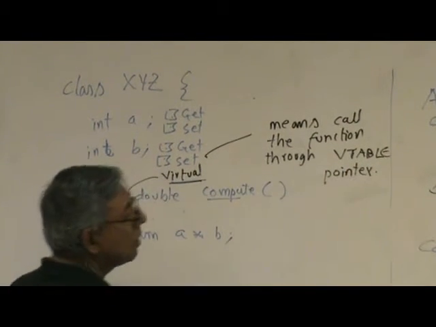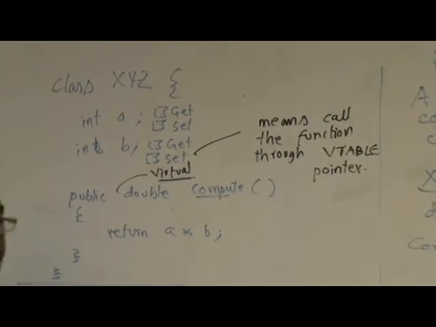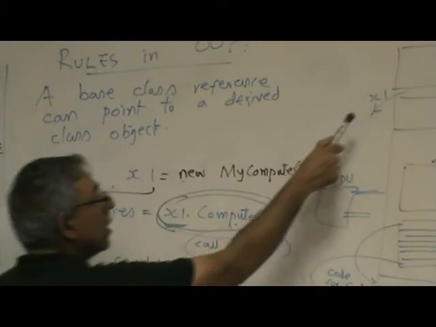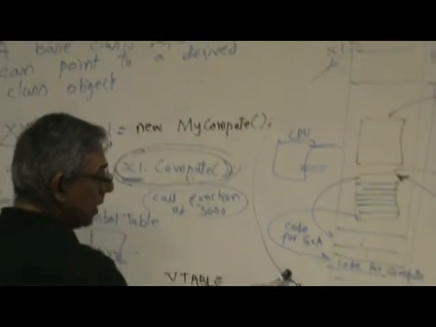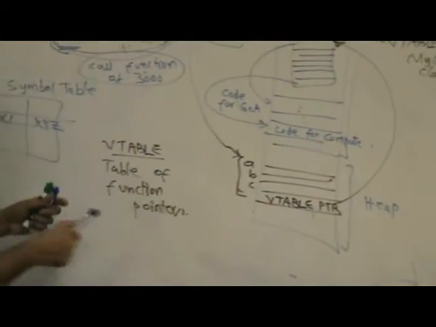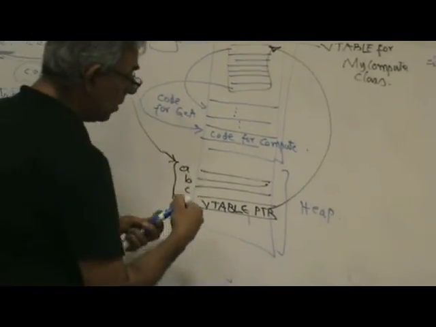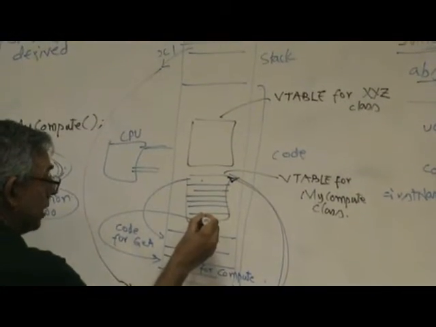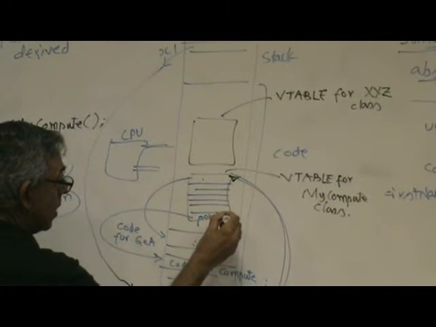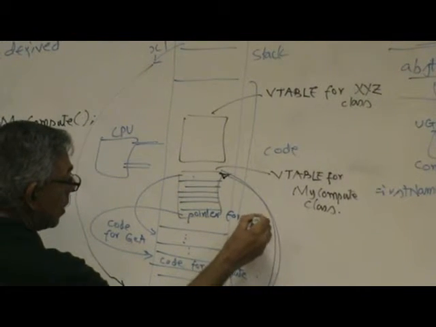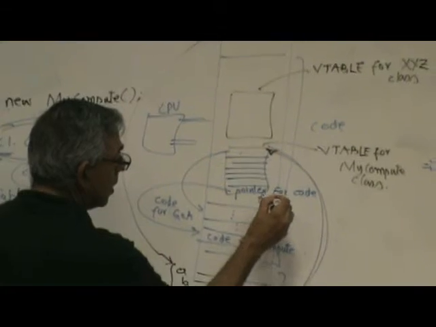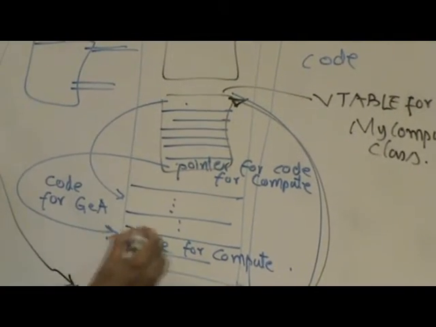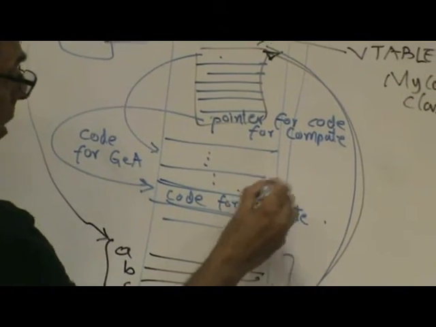Okay, so now the compiler will generate quite a bit of code. The code will start from X1. It will go to the actual object. It will go to the vtable. It will locate wherever is the pointer for the code for compute. Then it will come over here and will be able to make the call.